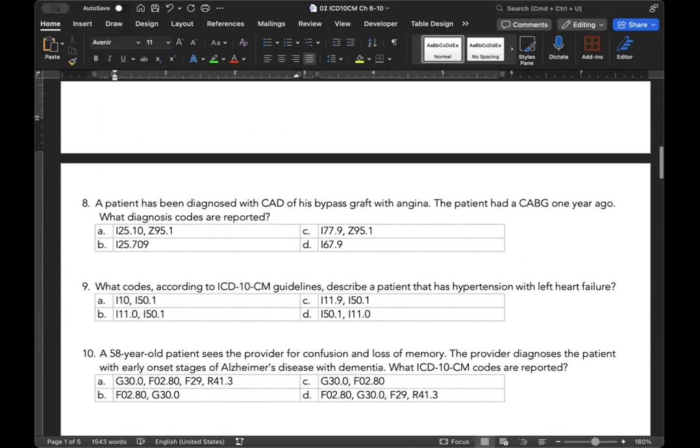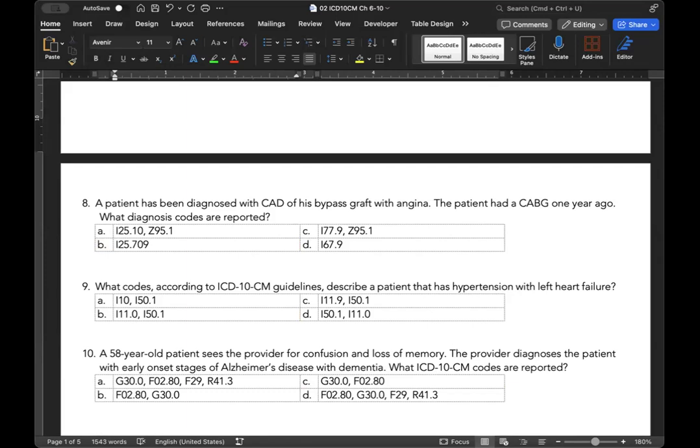Okay. Let's do number 8. The patient has been diagnosed with CAD of his bypass graft with angina, and the patient had a CABG 1 year ago. This is where we had that scenario earlier, where we went straight to arteriosclerosis.